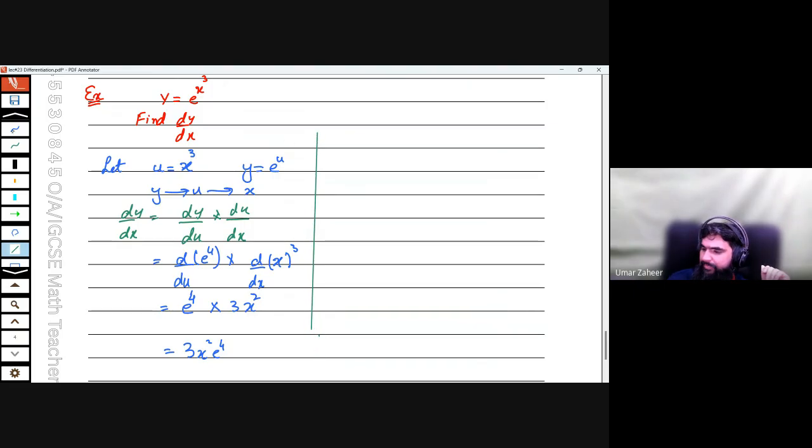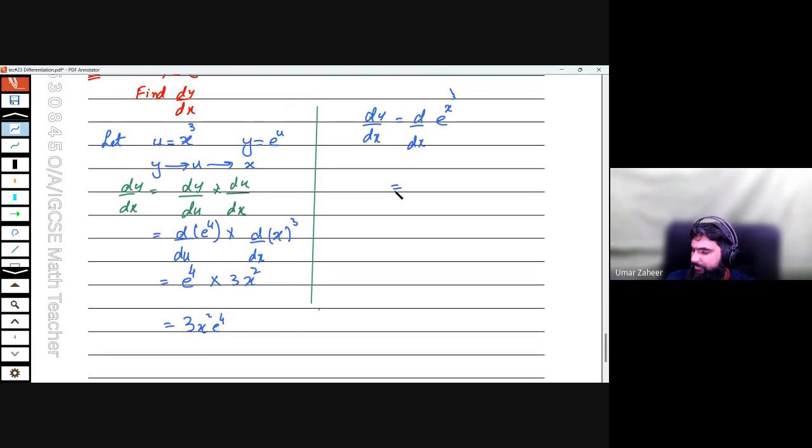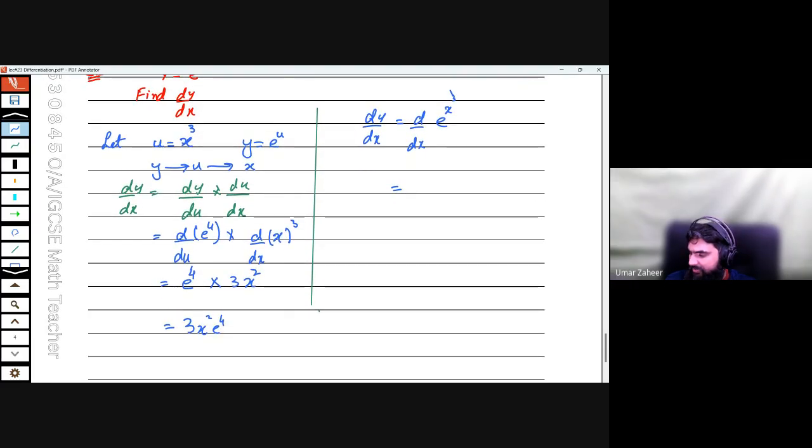Let's do it. For example, if you are going to take the derivative of e to the x raised to power 3, what is the formula that I told you? The derivative of e to the power x cubed. Okay, my bad. It is e power u, so it is e power u. At the end, you have to substitute the value. All right. What is the value of u?